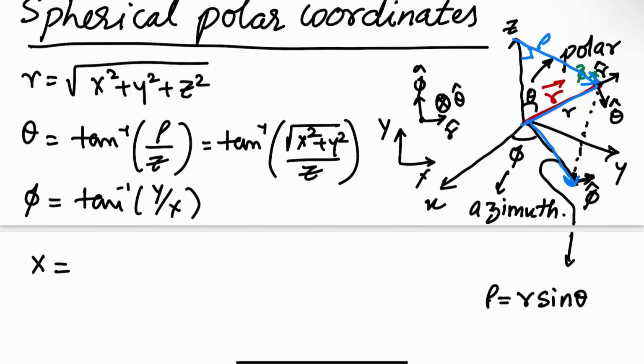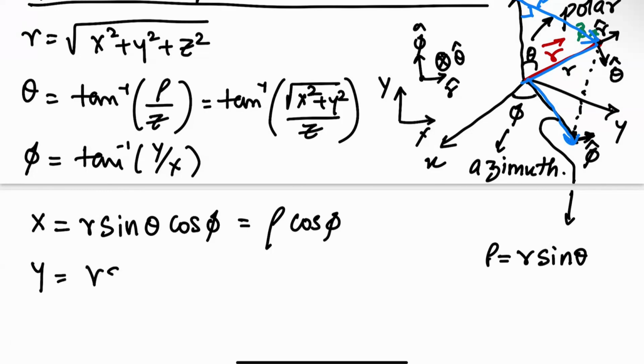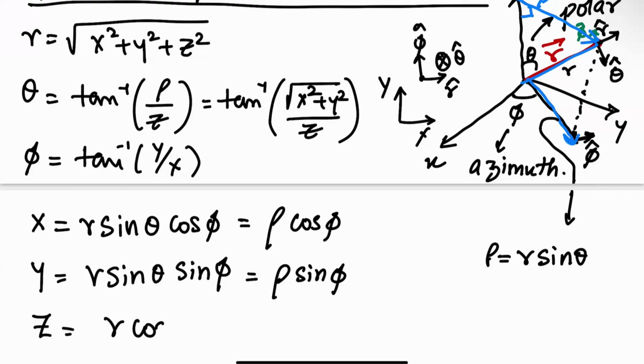Since rho is r sine theta, and x is rho cosine phi, x is r sine theta cosine phi. Y is r sine theta sine phi, which is rho sine phi, and z is r cosine theta. It's just a projection onto the z-axis, which would be this length here.